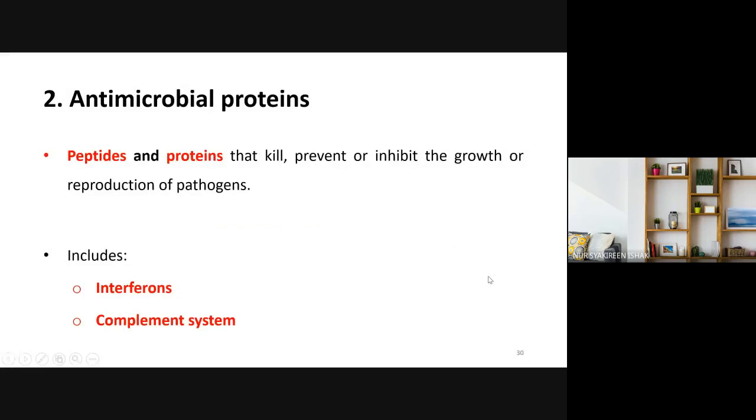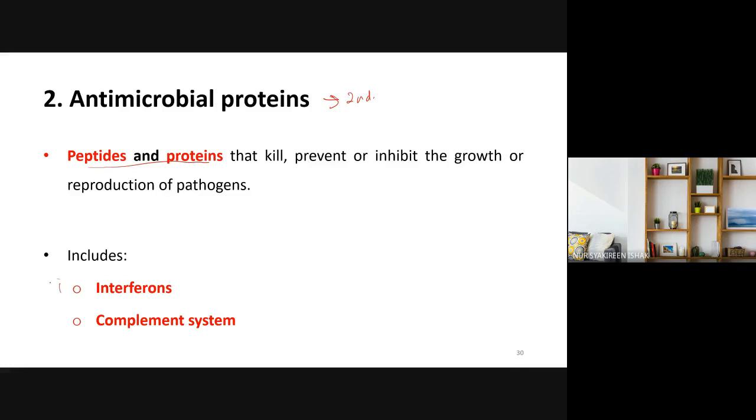Okay, so the second type of internal defense, or second line defense, is antimicrobial proteins. This involves peptides and proteins that kill, prevent or inhibit the growth or reproduction of pathogens.